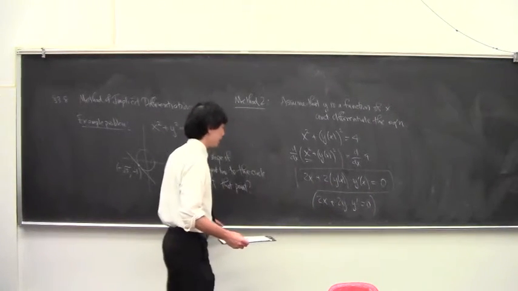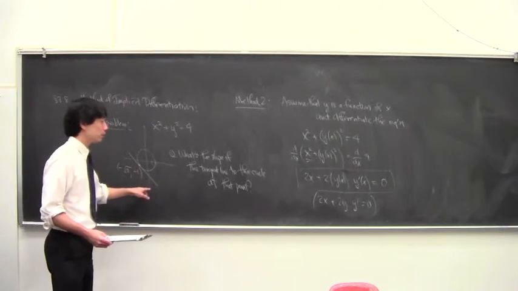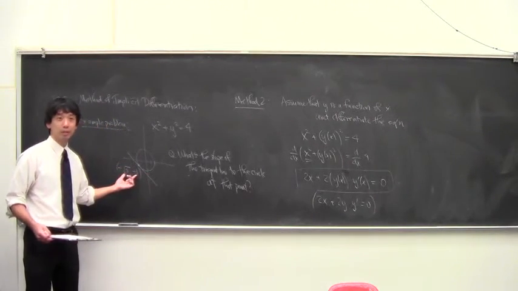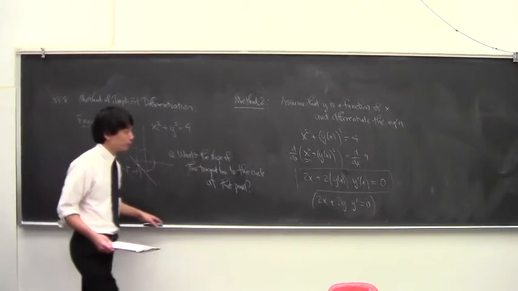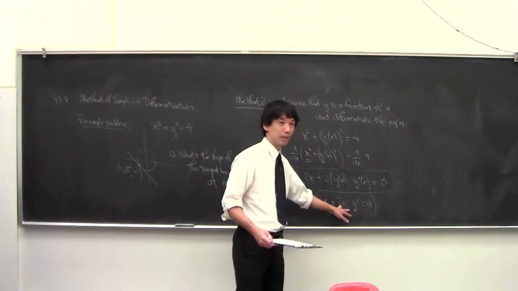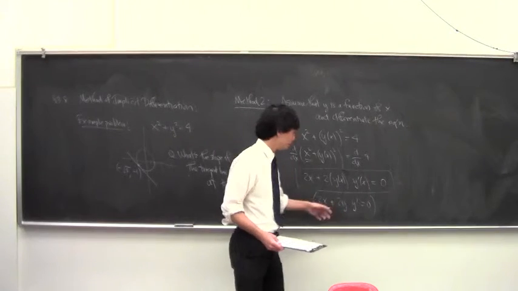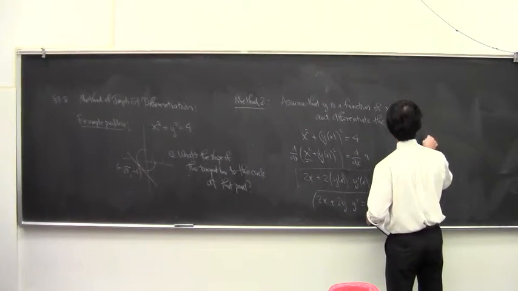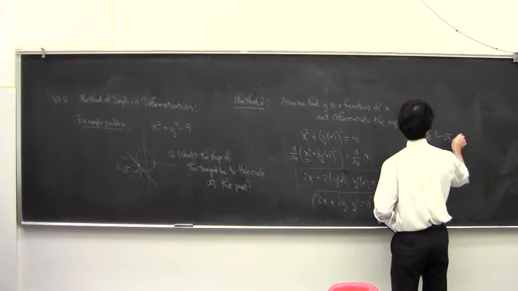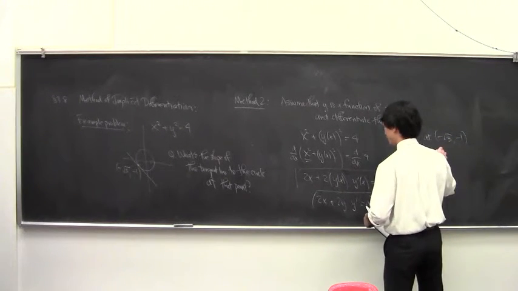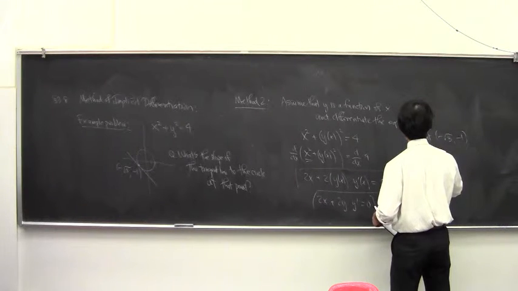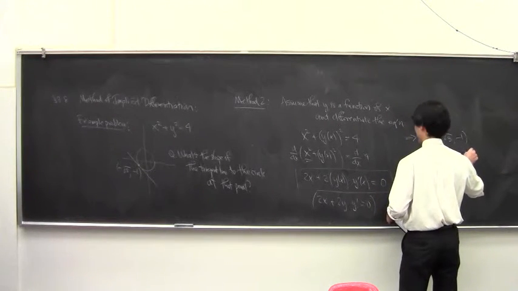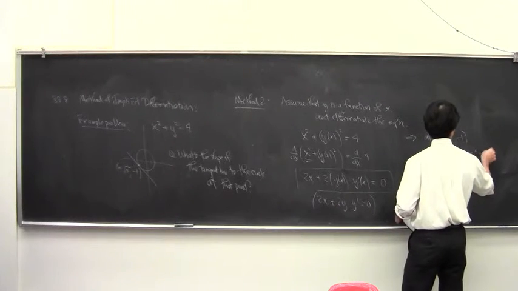The question is, what is y prime at this point? Well, you have an equation involving these 3 things, and you know 2 of them. So at root 3, negative 1, we have that negative 2 root 3 minus 2 y prime is 0.